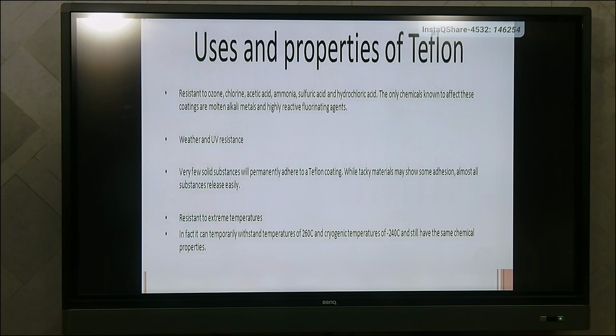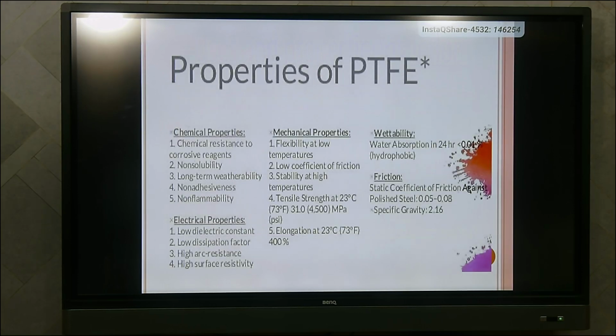That is, they can be used as a coating in the case of automobile industry, so that it can protect a particular automobile from extreme heat or from the extreme lower temperature. And it can also withstand temperature up to 260 degrees Celsius, and it can also protect from any of the weather conditions. Here are some properties for your view of the Teflon.